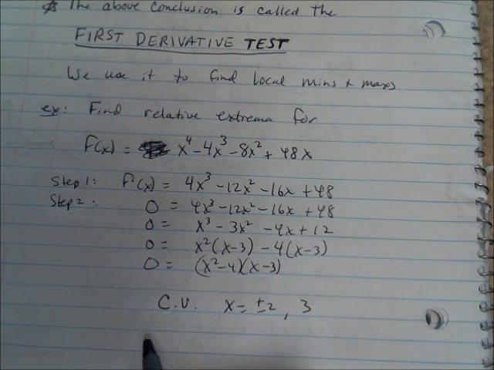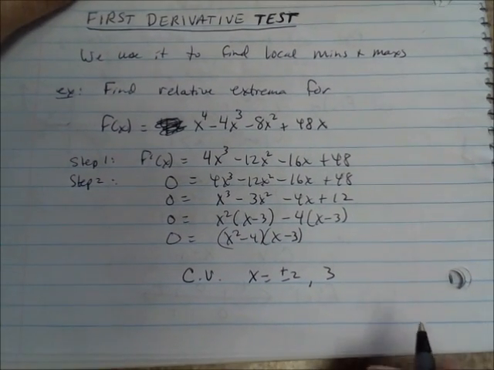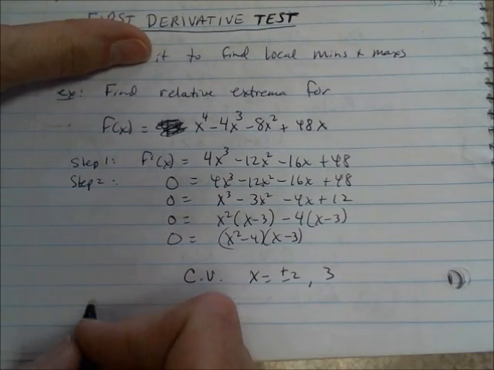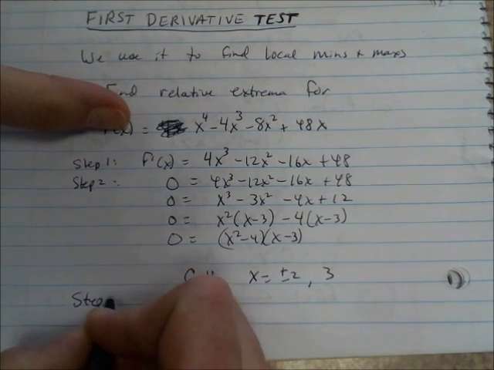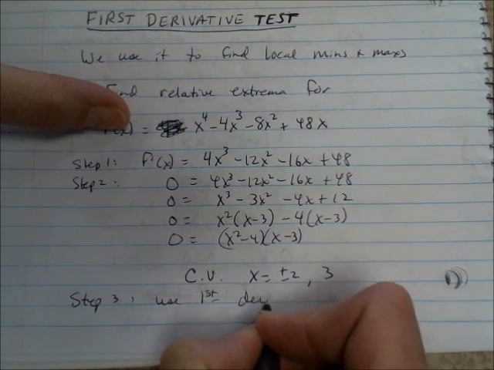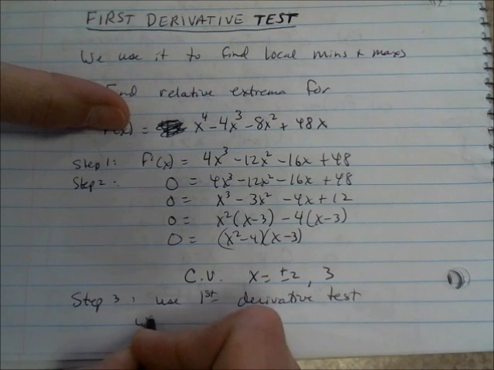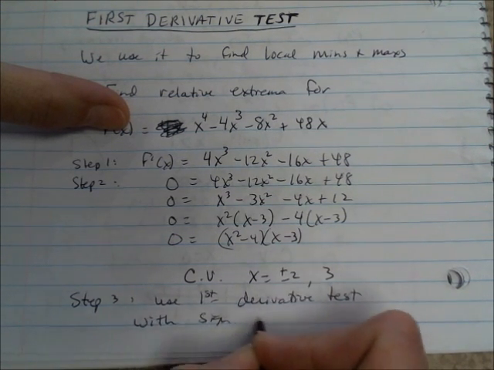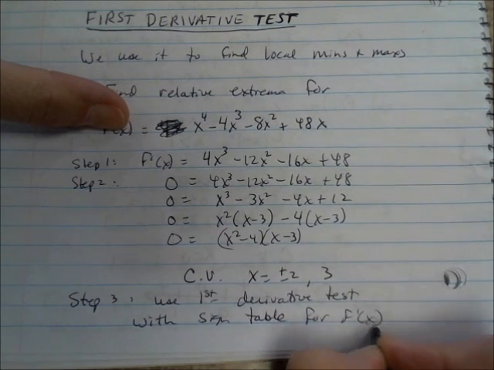So now we have to see whether or not they're mins and maxes by setting up a first derivative test with a sign table for f prime of x.